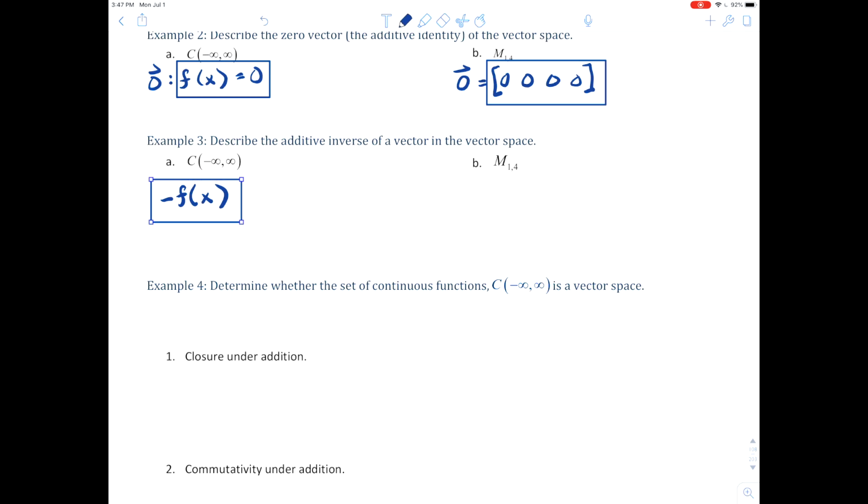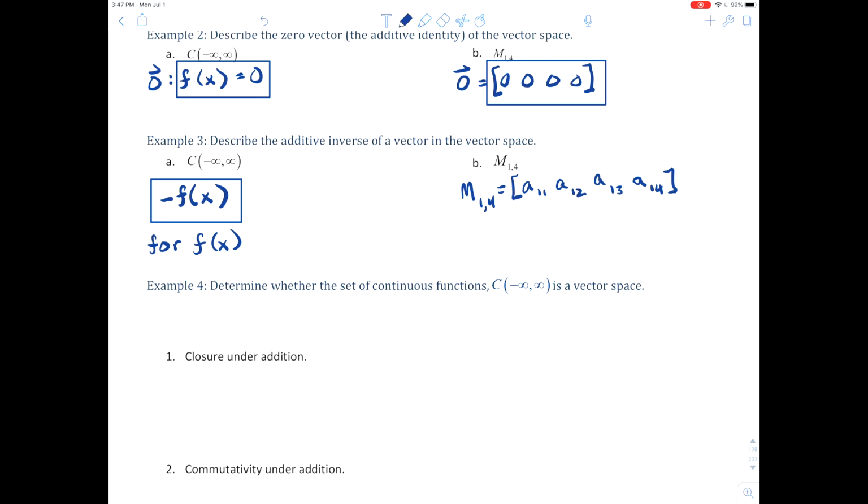And then M14, and actually if we can say for f of x, right? And M14, if M14 was equal to A11, A12, A13, A14, right?